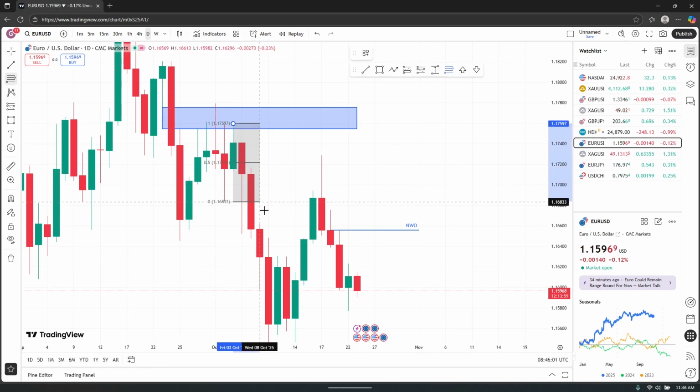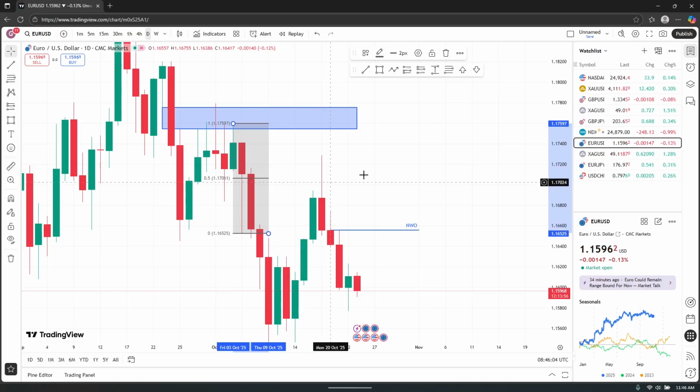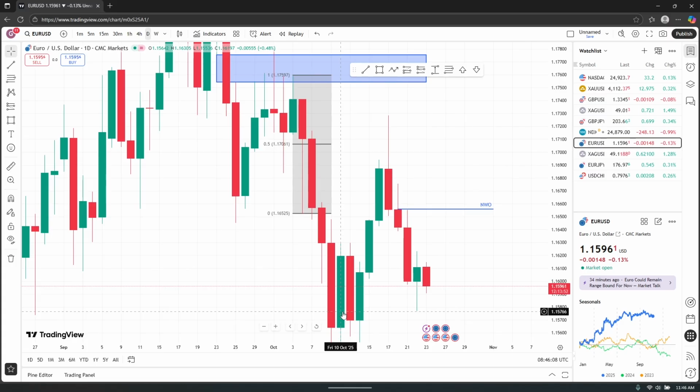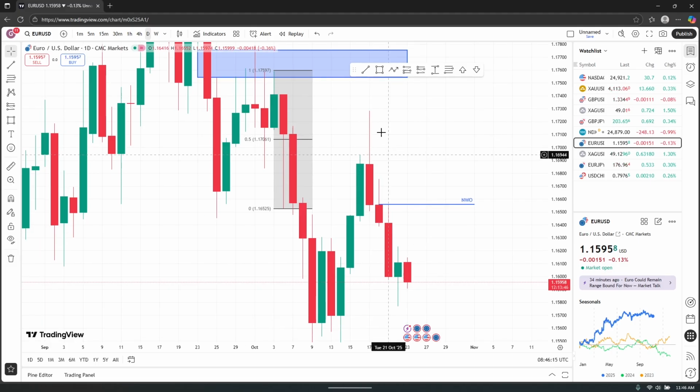So this engulfing pattern gives us a dealing range, and you can see price came, dropped lower, and then came to the premium side of this dealing range, giving us a reaction and dropping.